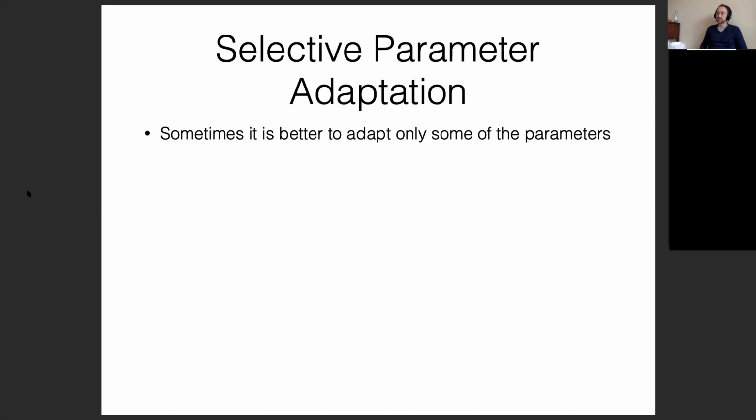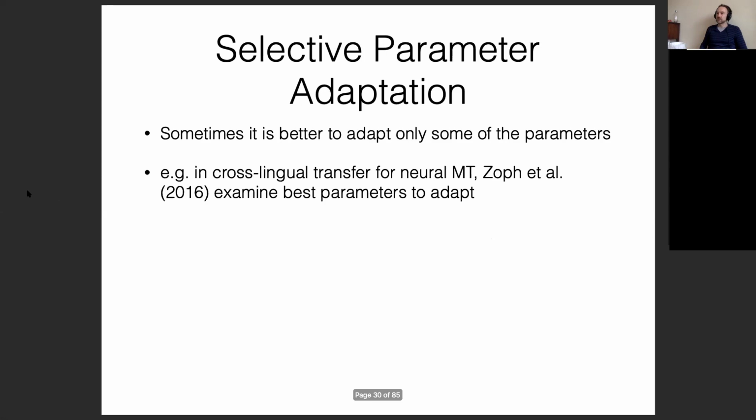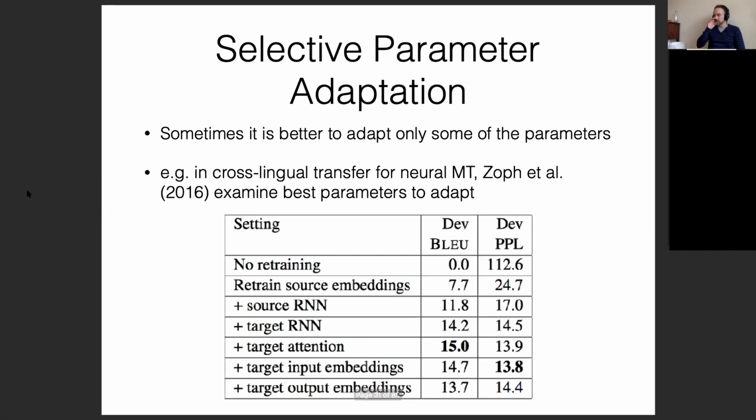There's several examples of doing this. To give one example, in cross-lingual transfer learning for neural machine translation, Zoph et al. examined the best parameters to adapt. And basically they find that instead of adapting the entire model by training it on one language and adapting it to another language, it's better to adapt only a subset of the parameters.